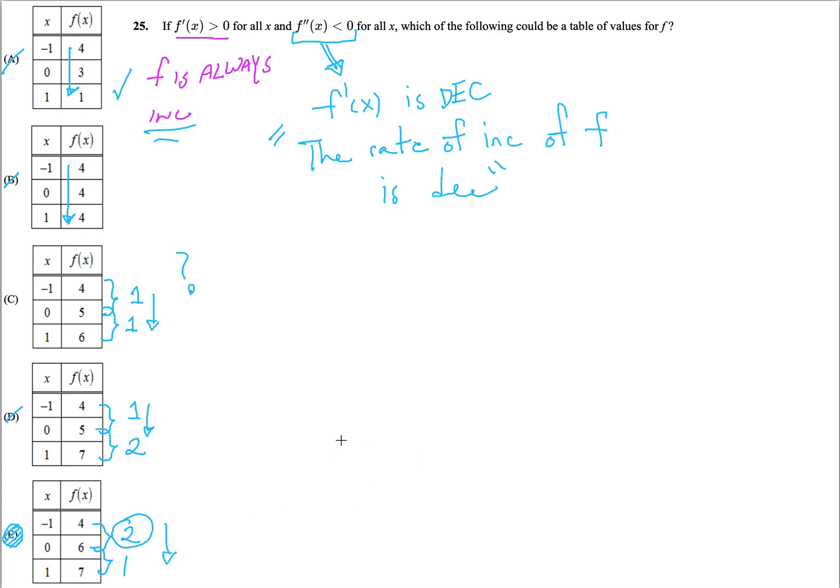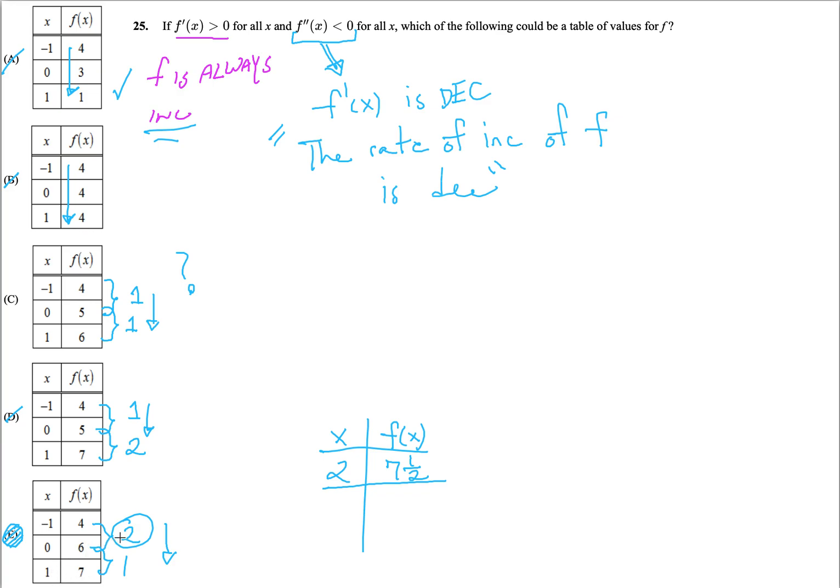And if you want, to illustrate how f could still be increasing, let's say I put 7.5 here, and f is still increasing. The derivative will still be positive if I put this new value here, but the rate of increase will still be decreasing.